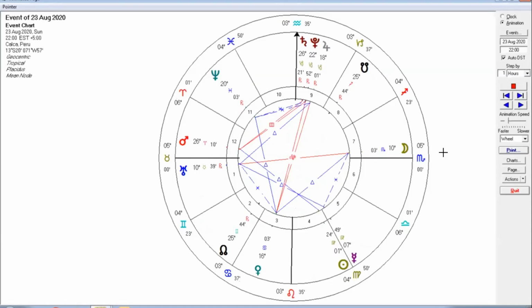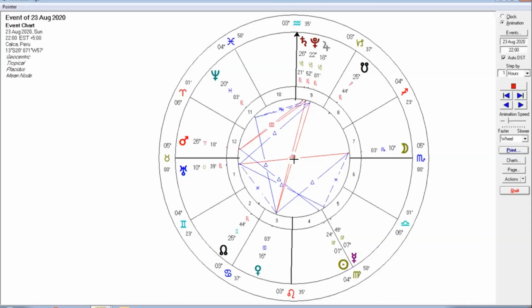If you were born at sunrise, your sun would be over here in the first house. If you were born at sunset, it would be over here in the seventh house. And that makes for a very different chart and a very different life.